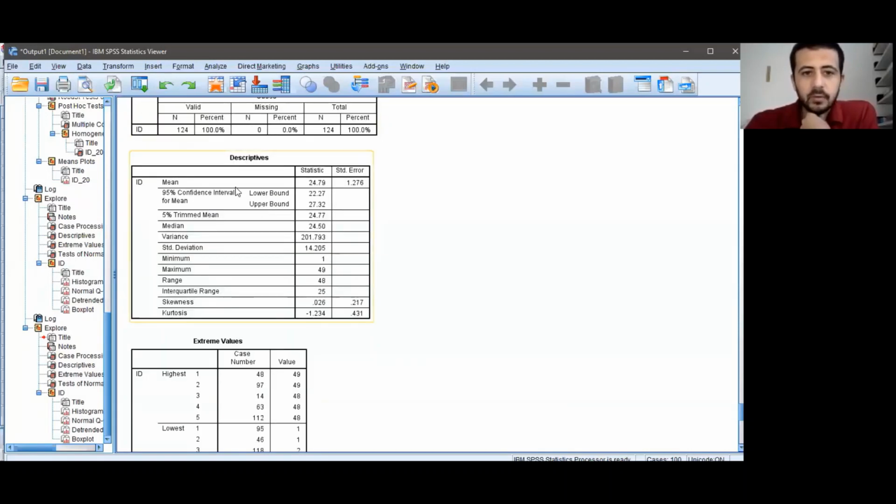We have the mean, median, variance. We don't care about them so much. We care about skewness and kurtosis. Can anybody tell me what skewness and kurtosis are?